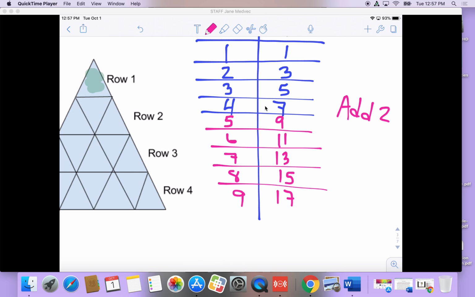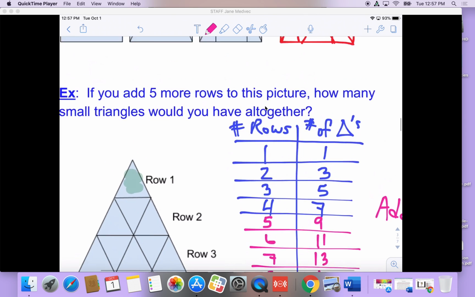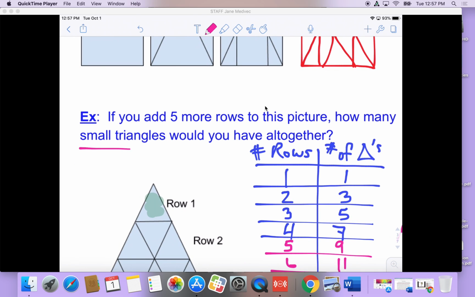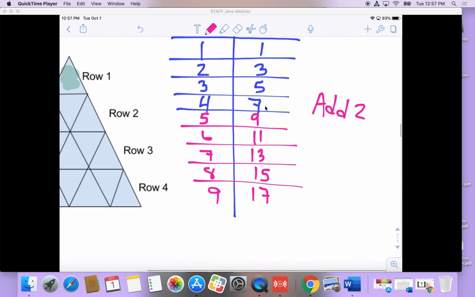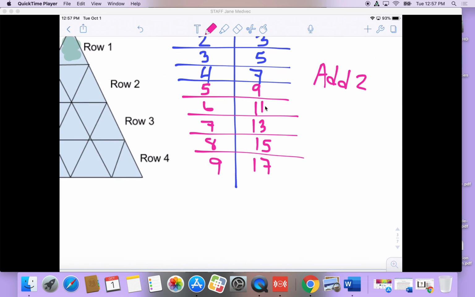Did I answer my question? I did not. Why not? It's asking me how many small triangles we have all together, right? So I need to find my total, and you said you were going to do it how? Add them up. Yep, so go ahead, add them up. How many triangles do I have there? 81. So 81 triangles.